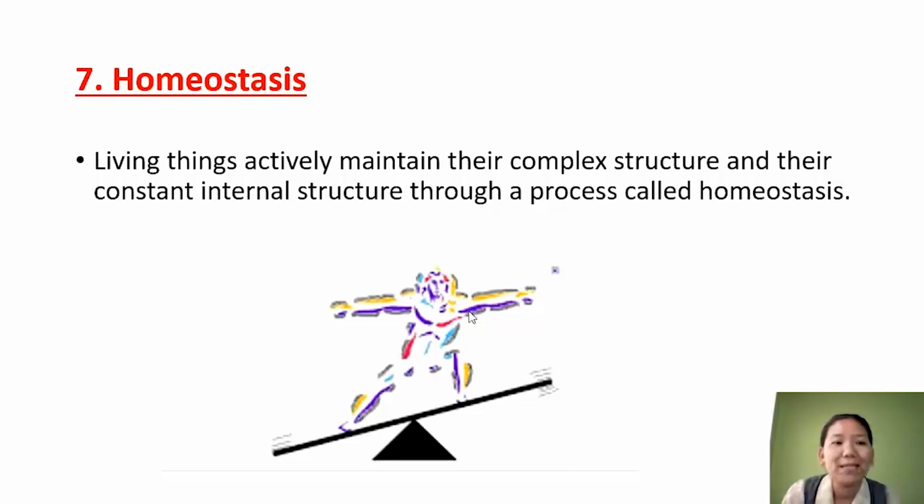To balance it, we sweat, and this sweating provides a cooling effect, which brings down the body temperature. This is how we regulate the temperature of the body. That is thermoregulation. Likewise, all organisms try to maintain the balance of the internal structure, that is homeostasis, which is again a very important characteristic of living.